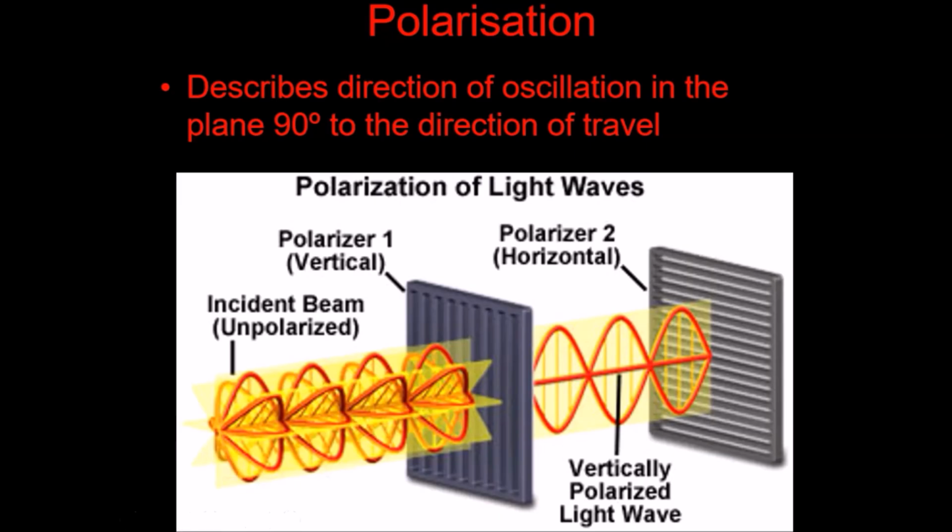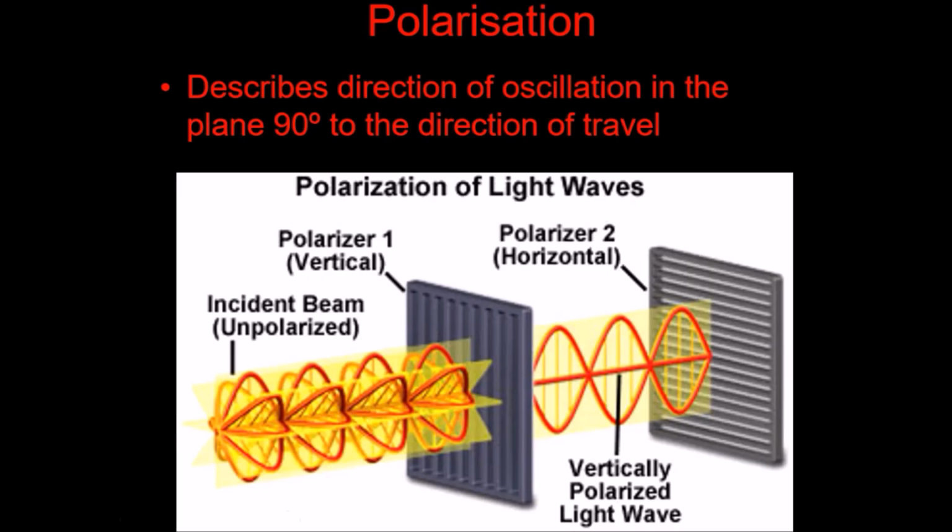If we look at polarization, what we're essentially talking about is the direction of oscillation 90 degrees to the direction of travel. So our wave is going this way towards this filter, and we're looking at our wave in all different directions. As the unpolarized light beam hits this filter, which is a set of vertical slits, very, very finely machined, all the light that is polarized in all these other different directions will be blocked by this filter, only allowing the vertically polarized light to come through.